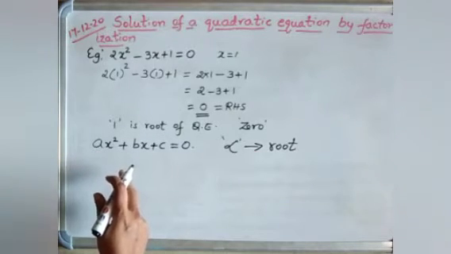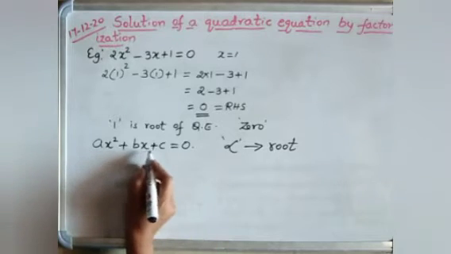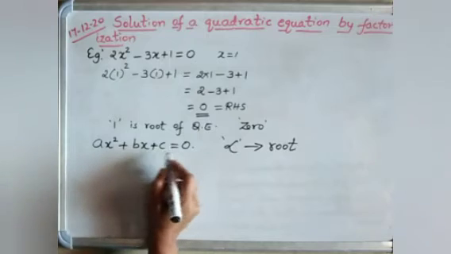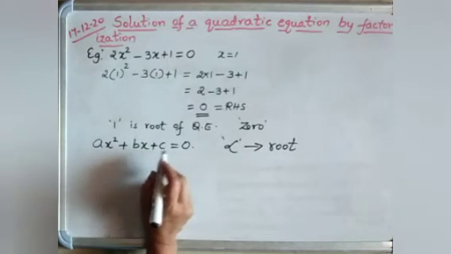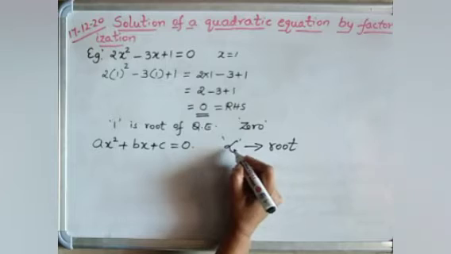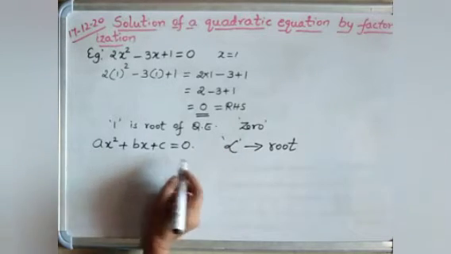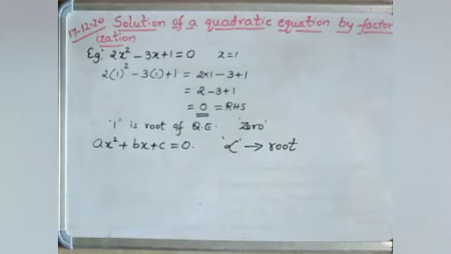So here ax square plus bx plus c, or ax square plus bx plus c is equal to 0, both are same. Both we say here alpha is the root of the equation. So let's solve one example and find the root of quadratic equation.